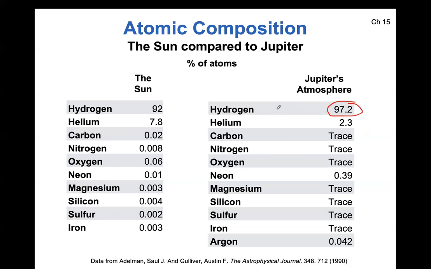What it's done with hydrogen is essentially collected it. So the fact that Jupiter has more hydrogen than the disk that formed the solar system had, so more than everything started with, makes sense because it's been consolidated, concentrated in this gas giant. And none of it has changed. It can't go anywhere.